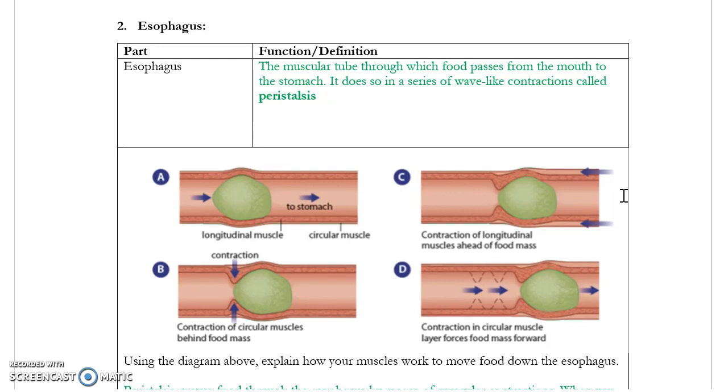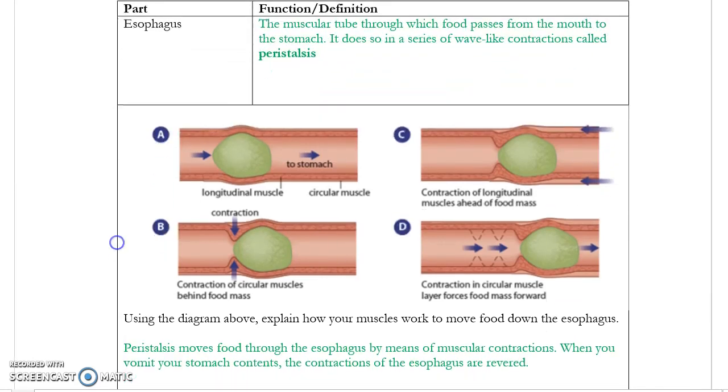So gravity helps it out, but there's also muscle, and these muscles contract in a wave-like fashion. So if you held your hand in a fist and then your other hand in a fist and you kept moving one in front of the other, this wave-like motion is pushing the food down, and that's called peristalsis.